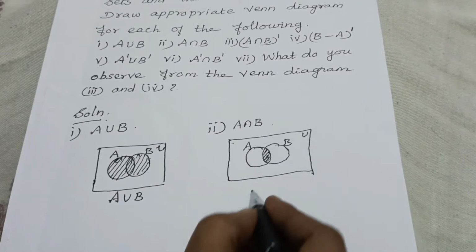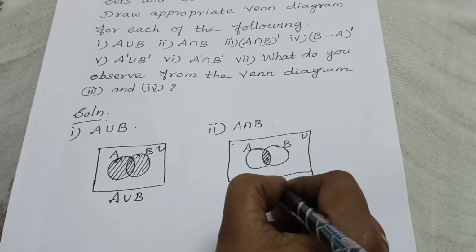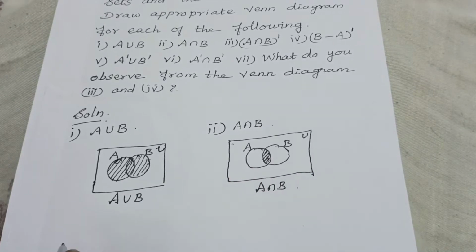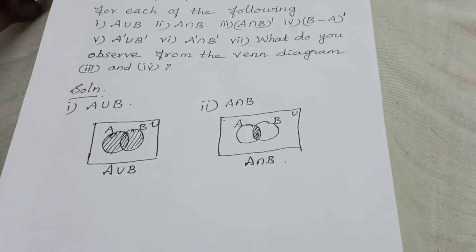This shaded portion is A intersection B. Have you understood? Now next one.